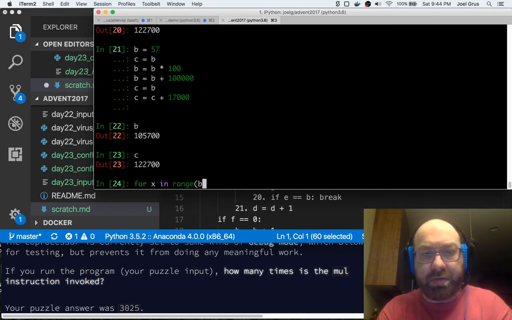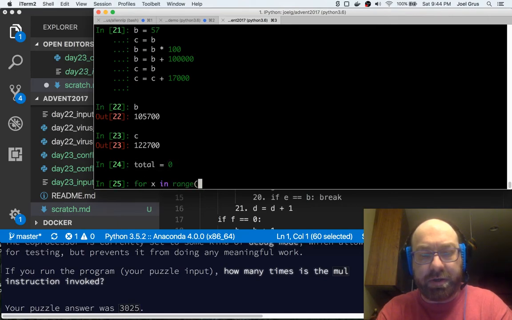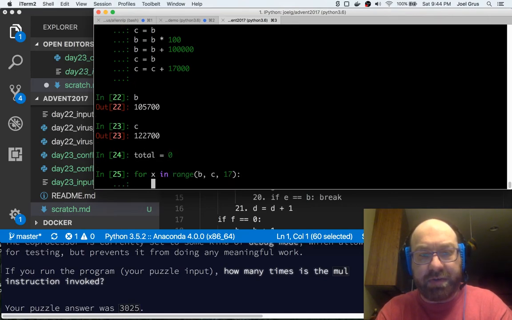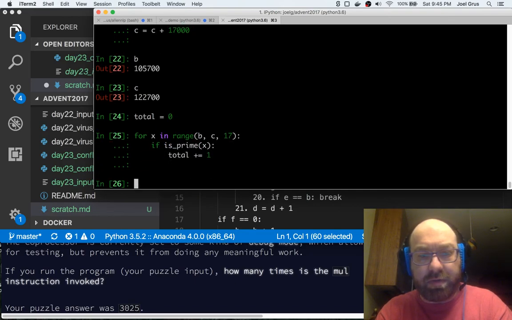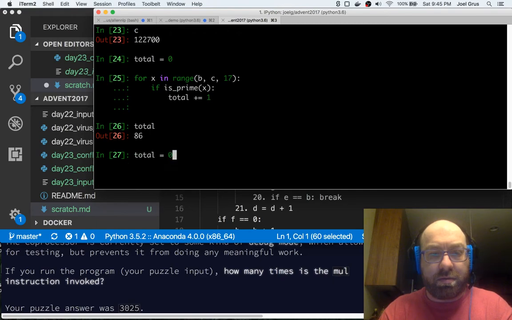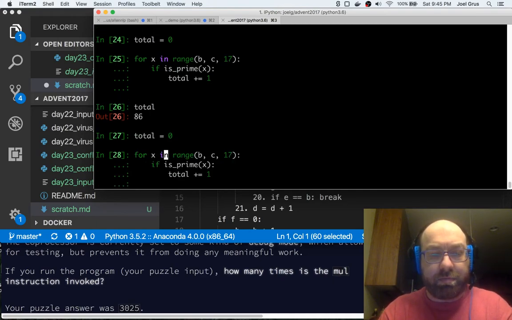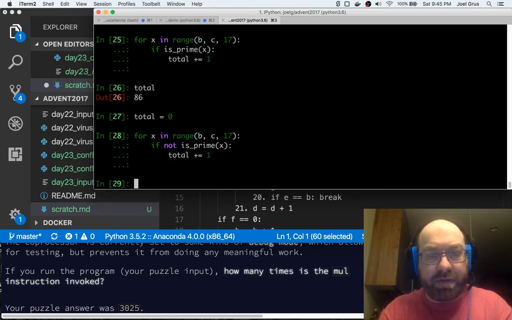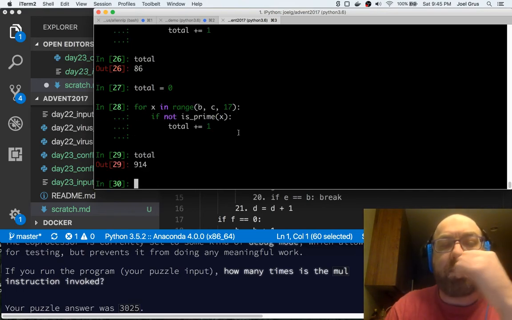For x in range B, C, 17, total equals 0. For x in range B, C, 17, if is_prime(x), total plus equals 1. Total is 80. Total equals 0. If not is_prime(x), total is 914.